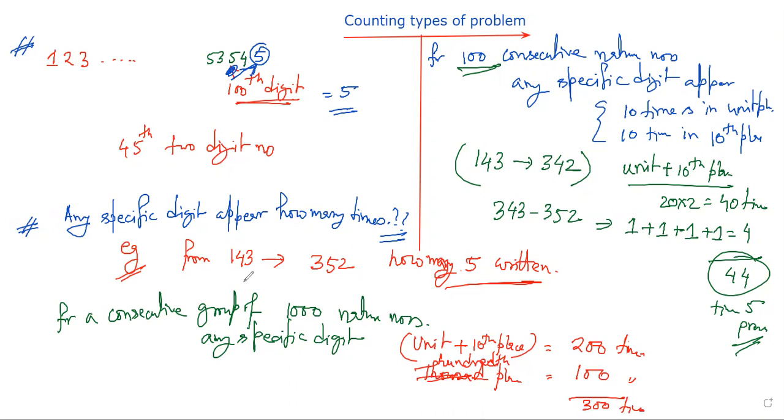I cannot say for the 1000 place, it is not possible to identify, but the other three places I am able to find, and it would be 300 times it is appearing. This way we can elaborate for bigger groups of numbers as well. But counting of numbers is important in number system.